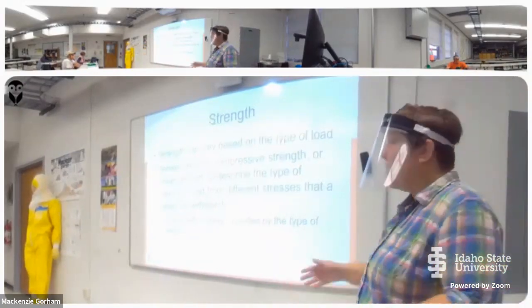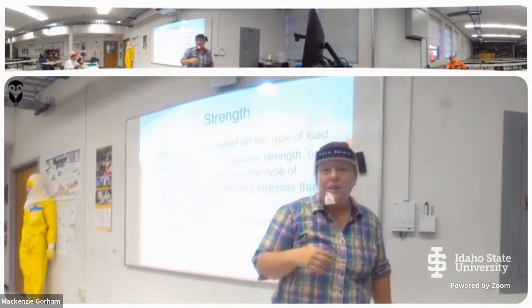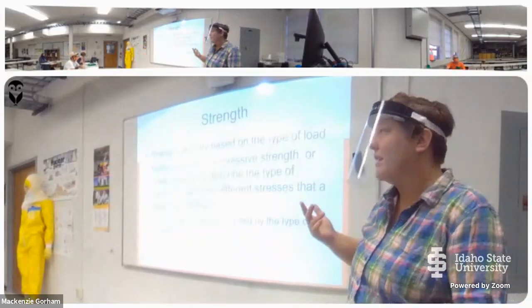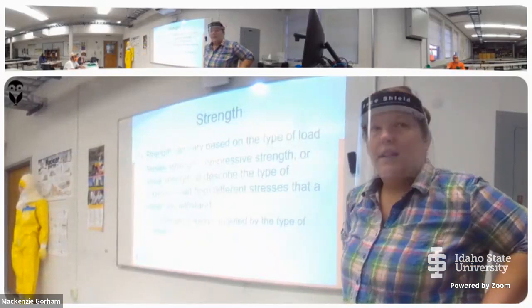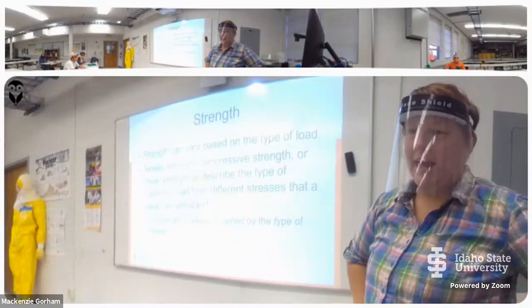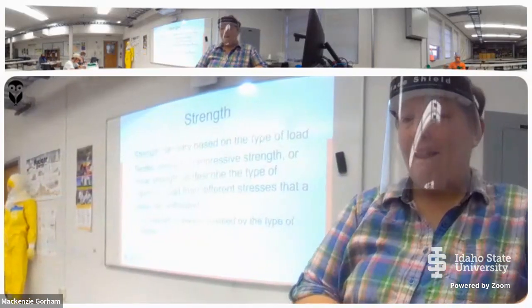Because each one of those loads does something slightly different to the metal, so its strength has to be qualified. So, you guys have probably heard these words before in terms of talking about our metal. What do you guys think tensile stress is, or tensile strength? How much it can resist being pulled apart. Exactly. And compressive? Someone online?